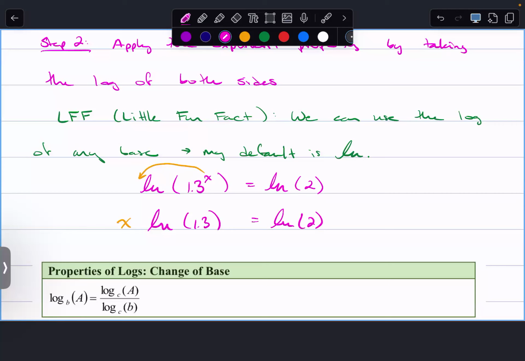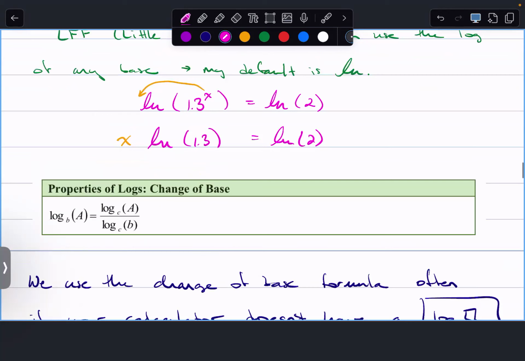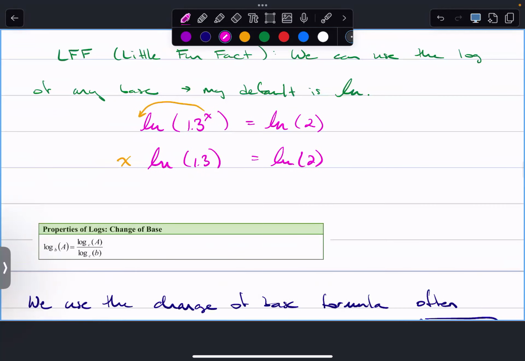x is just multiplying the natural log of 1.3, and so I can solve this. I need this to be just a little bit smaller for now.